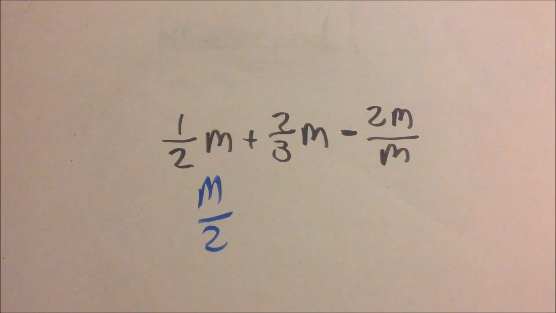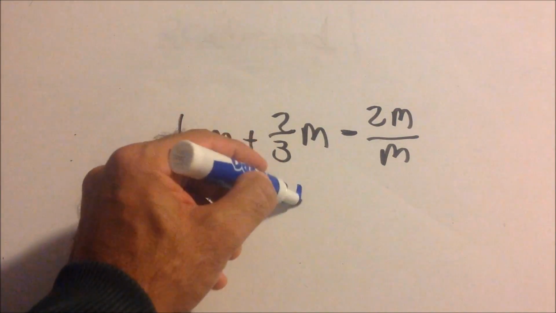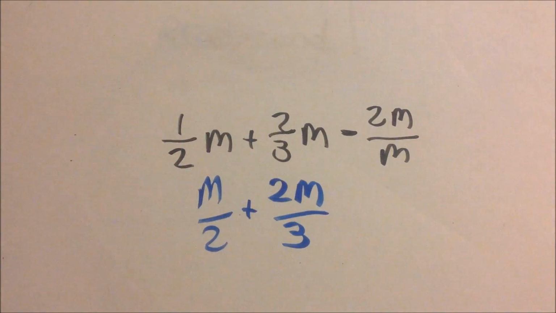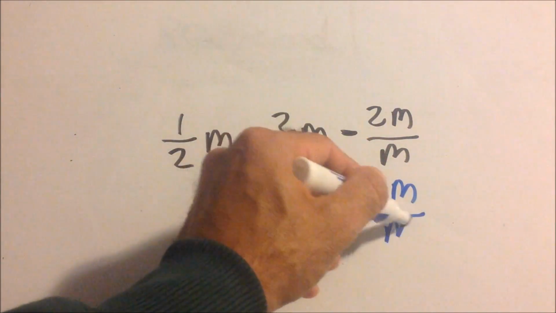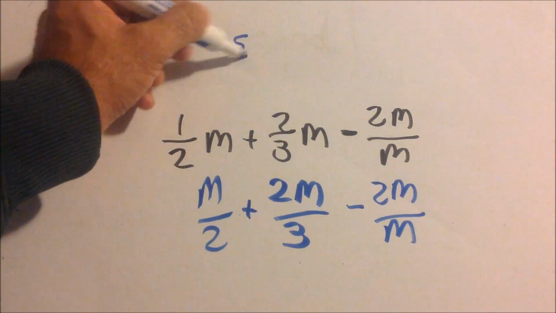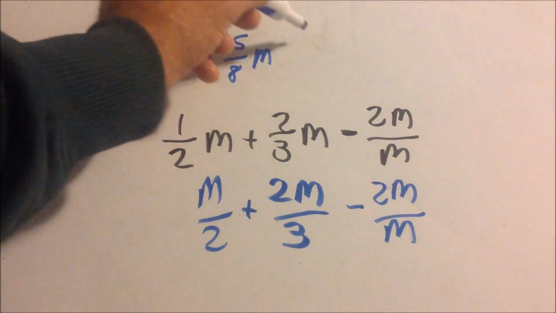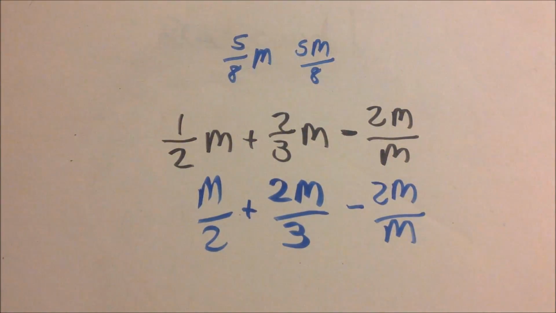It's the same thing. You see a 2/3 m, it's 2m over 3. It's the same thing. And we have the 2m over m. So again, if you saw something like 5/8 m, well, you can just say 5m over 8. Same thing.